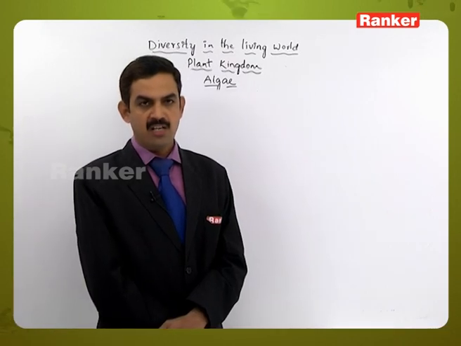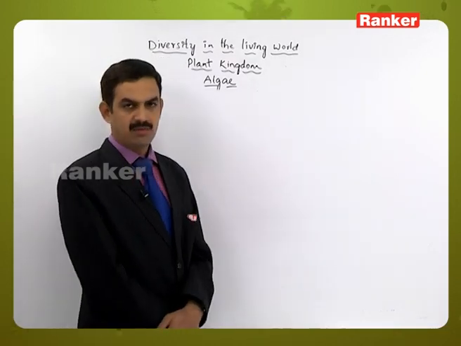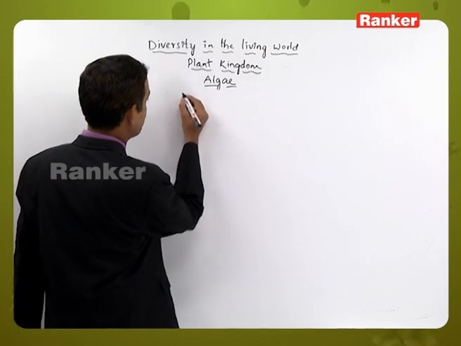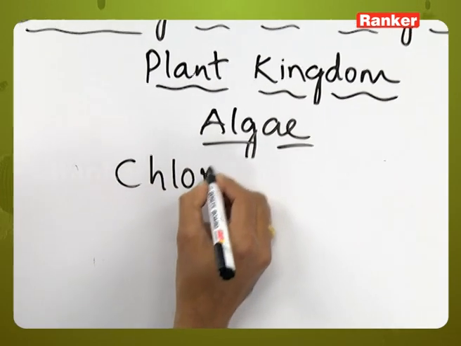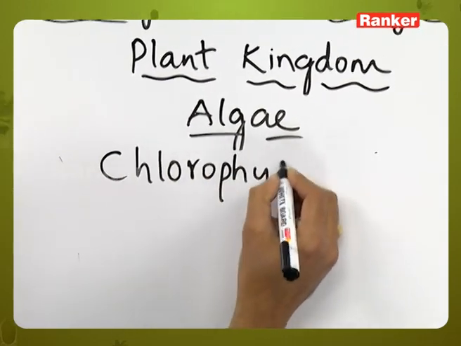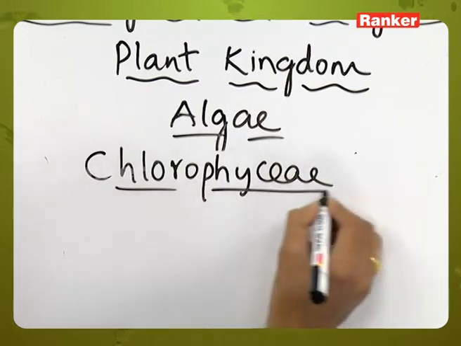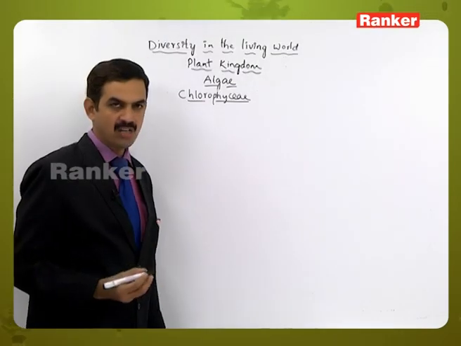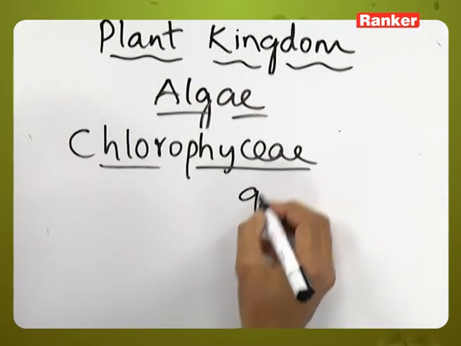So here in algae there are some classes, starting with the first one, Chlorophyceae. Chlorophyceae are called green algae or grass green algae.